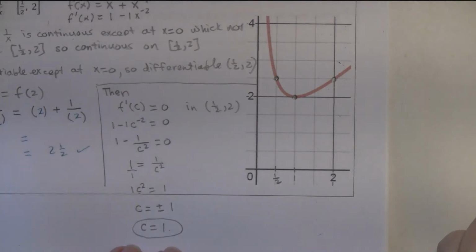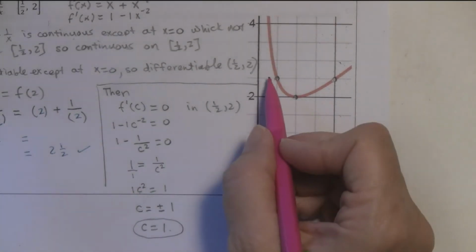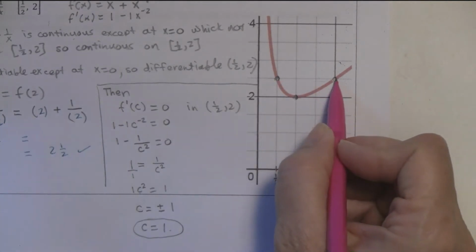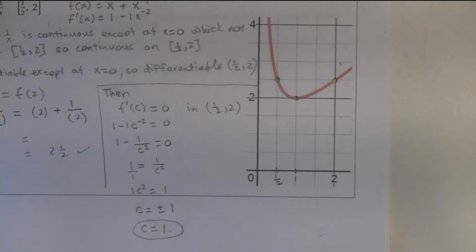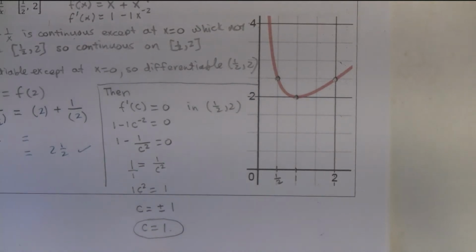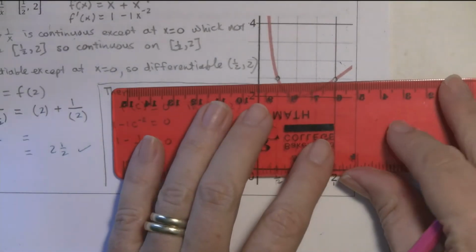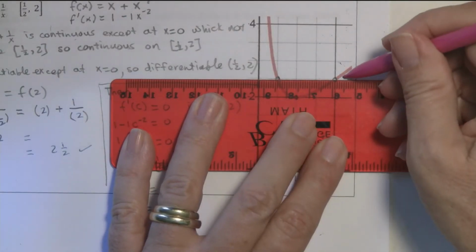Sometimes they ask you to draw the secant line and the tangent line, they're asking you to connect these, right? And asking you to draw that. And so if they ask you to do that, you certainly can do that, no worries, right? I'm grabbing a ruler because if I'm going to draw something, I like to use a ruler. And so both of these things have slope 0, right?